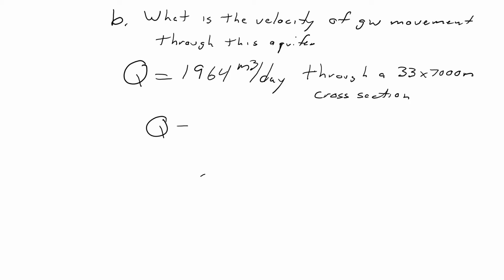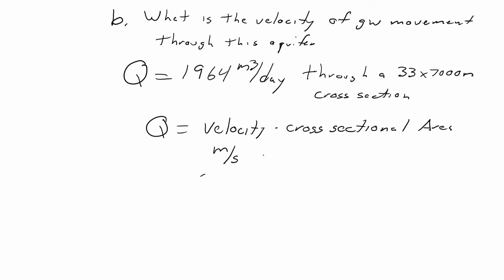Well, we know that flow rate equals velocity times cross-sectional area. Remember, velocity we measure, in this case, it could be something like meters per second.